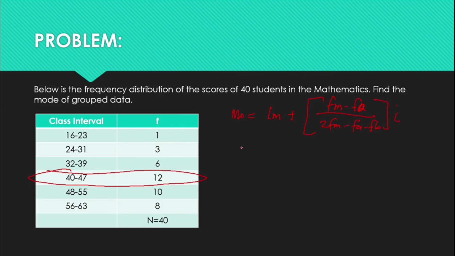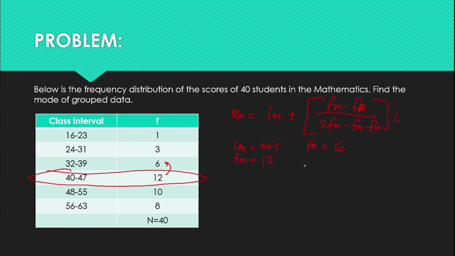Our LM here is the lower boundary, which is 39.5. What is our FM? Our FM is the frequency of the modal class, which is 12. Our FA is the frequency above the modal class, which is 6.